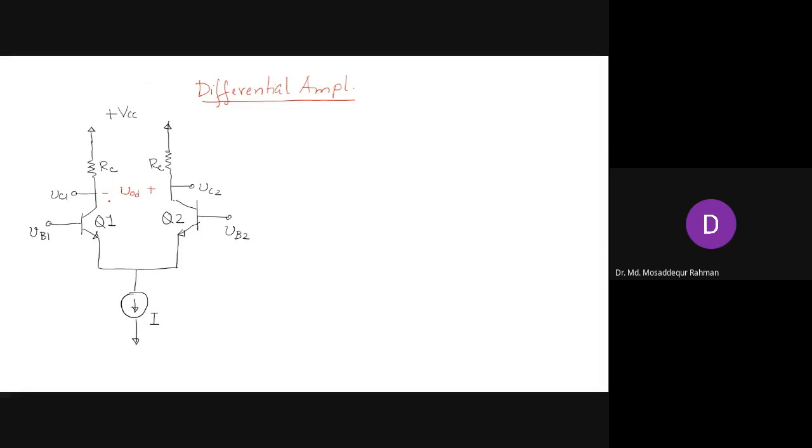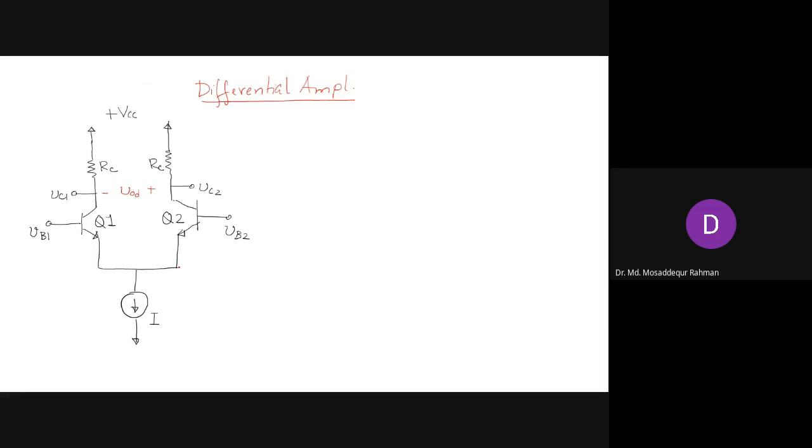So this is a circuit that we call the differential amplifier, and this looks maybe complicated, but it is nothing but two common emitter amplifiers tied at the emitter. This is one common emitter amplifier, grounded in this case.